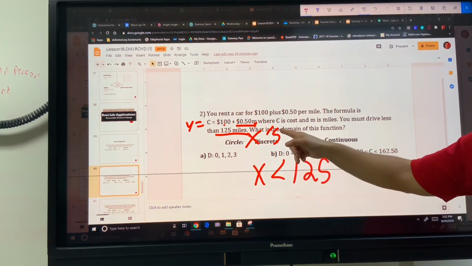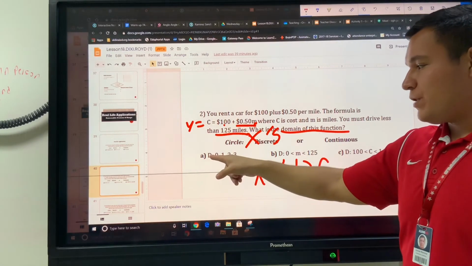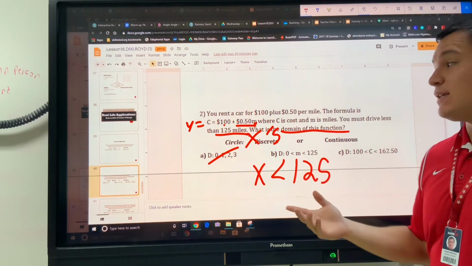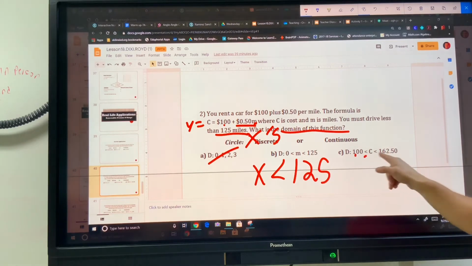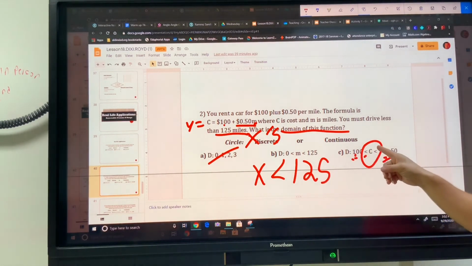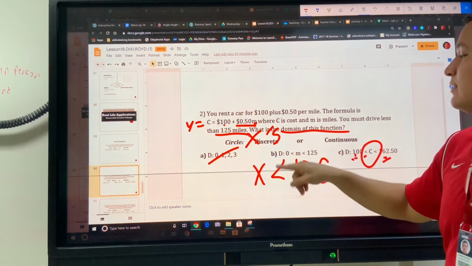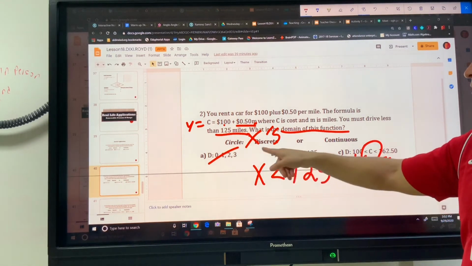The question wants the domain. So we're not going to pick that because you can drive for half of a mile. We're not going to pick this because this has c, and c is not the domain because the domain is x, which are the miles, which only leaves b.